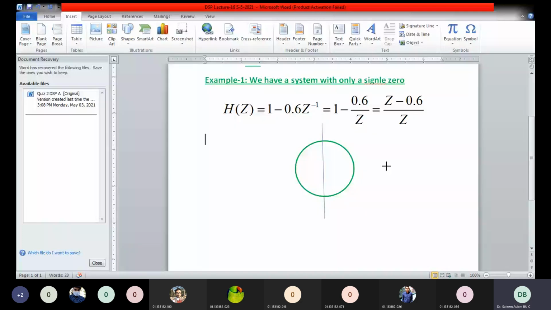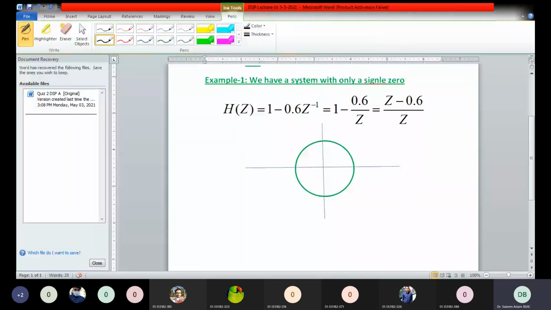Let me now take the pen and draw with red color. So this is the pole and this is the zero. You know that you have zeros in the numerator and poles in the denominator. So we have a zero at 0.6, and we have a pole at z equal to 0, right?